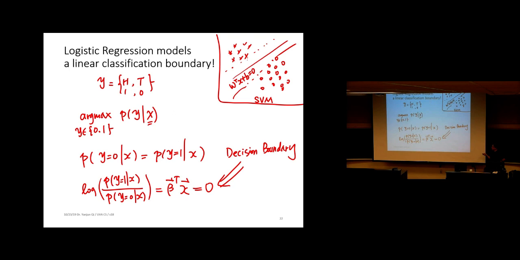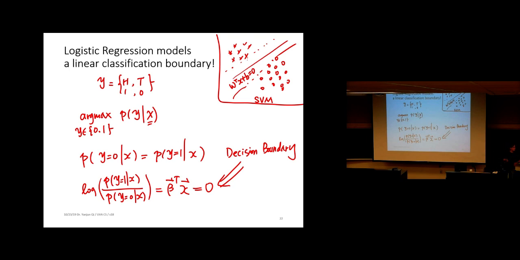And this actually defines a hyperplane in the p-dimensional space, which means the logistic regression also learns a linear decision boundary. Any questions about this? Even though we are using a probabilistic formulation, the decision boundary is still a linear line, a linear hyperplane in the high-dimensional case.